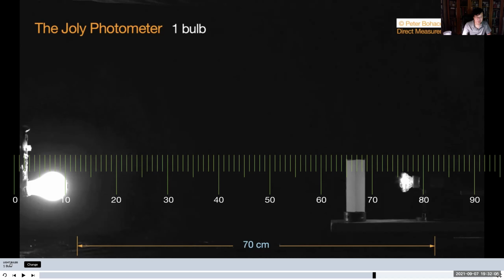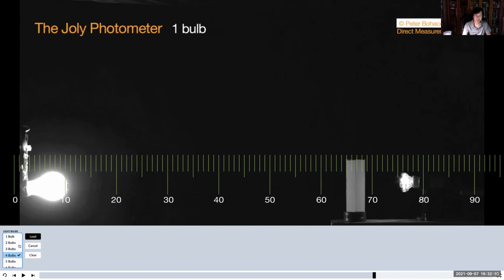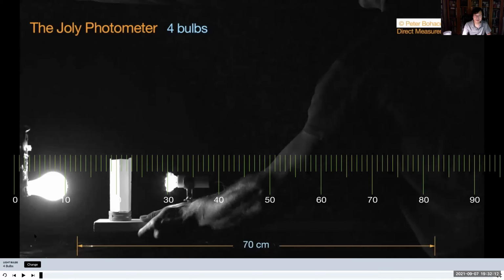Now let's change to, say, 4 light bulbs. Okay, so load that. This time, this is brighter. This is 4 times more power. So therefore, this side is brighter than before, right? So if you move away from this source, you cannot move that far anymore because the right side is brighter than before.